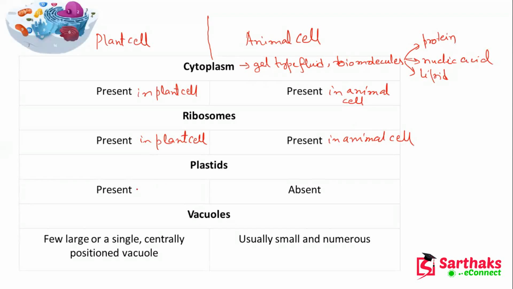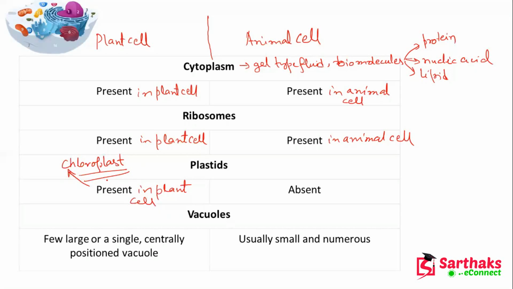Plastids, chloroplast, will always be there in the plant cell. It may be chloroplast, it may be chromoplast. Generally the chloroplast has the chlorophyll which helps for photosynthesis, and for photosynthesis we require the chlorophyll.